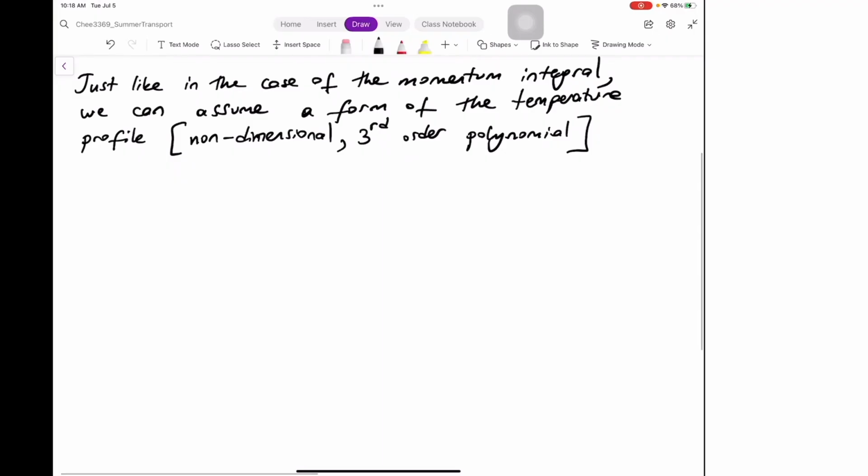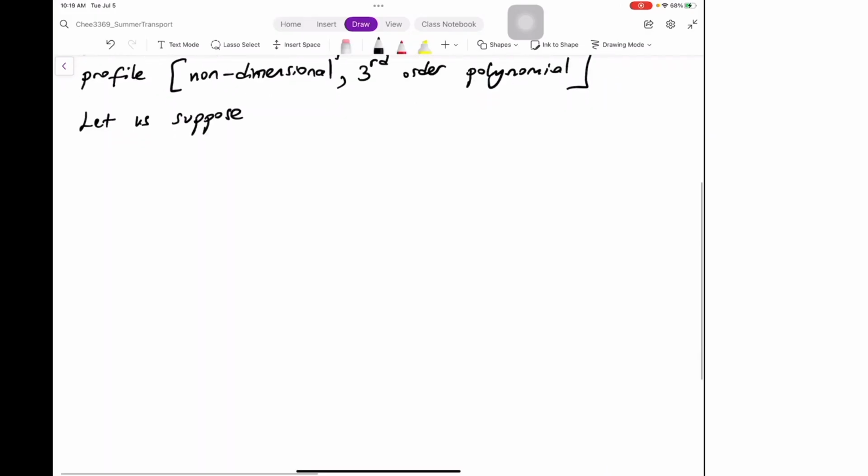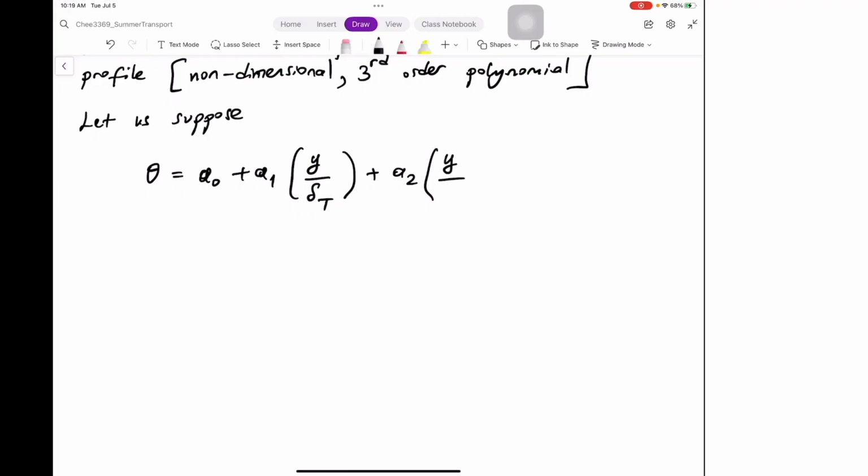Okay, so let us suppose theta, the temperature, is equal to A0 plus A1 y over delta t, this time, plus A2 y over delta t squared plus A3 y over delta t cubed.